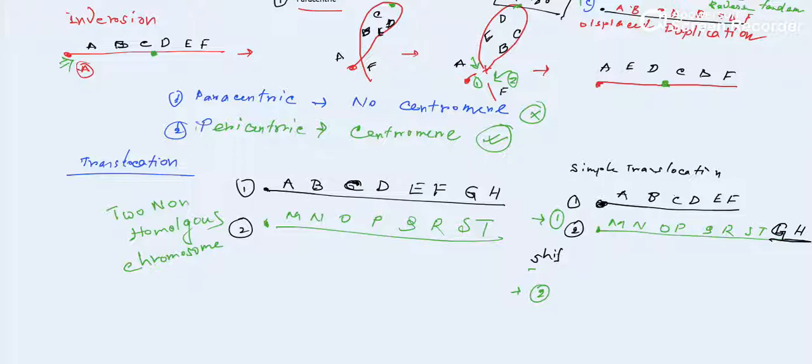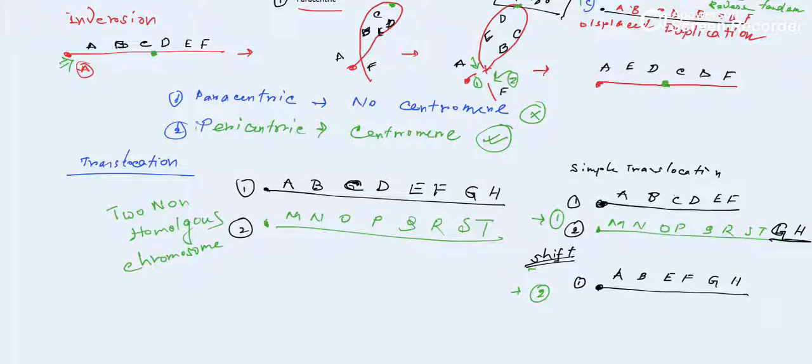Secondly, we will see the second type of translocation, which I will call shift translocation. A, B, C, D, E, F, G, H is the normal pattern of chromosome 1, but here only A, B, E, F, G, H is present.